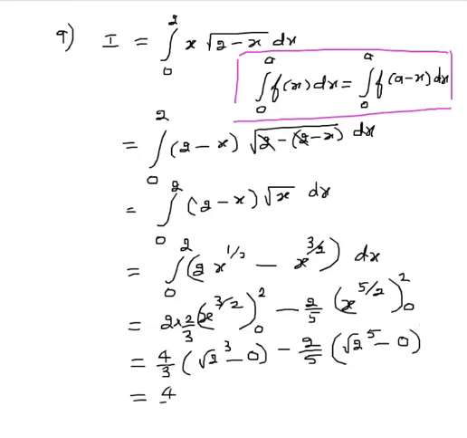Let's simplify further. 4 by 3 times root 2 into root 2 into root 2, which is 2 root 2. And this is 2 by 5 times, 2 2s are 4, 4 root 2.